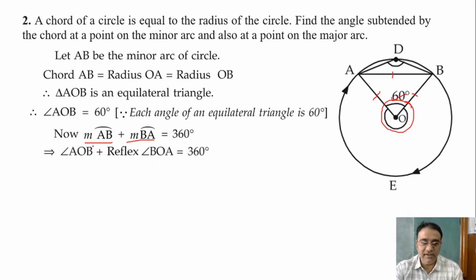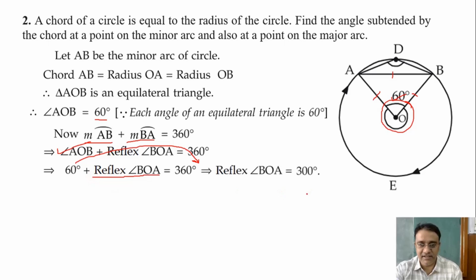So angle AOB plus reflex angle BOA is equal to 360 degree, and the value of this angle we have is 60 degree. So if we subtract 60 degree, how much will this angle be? 300 degree. Right.